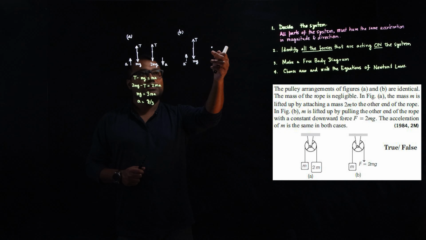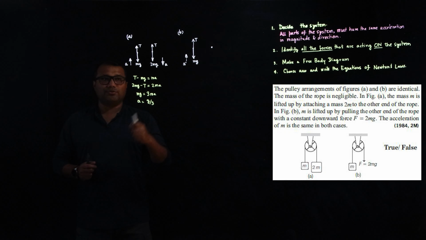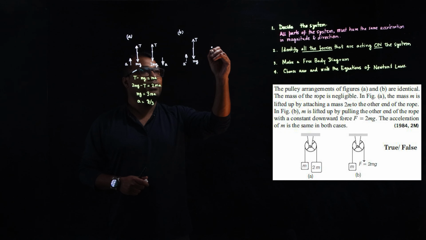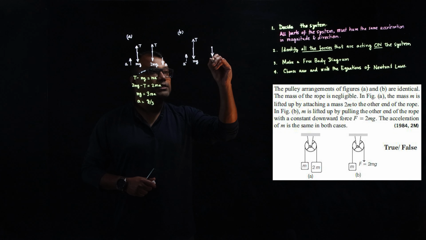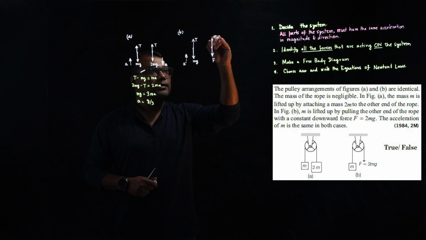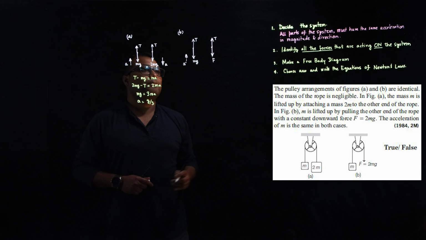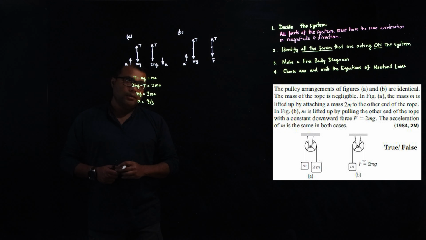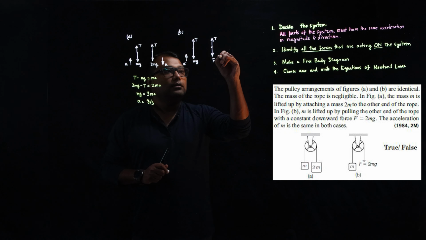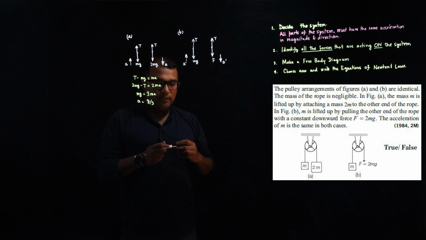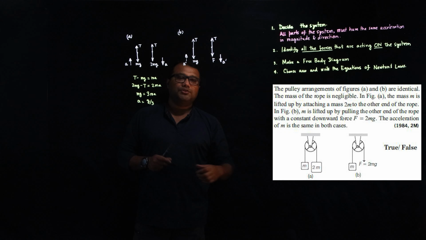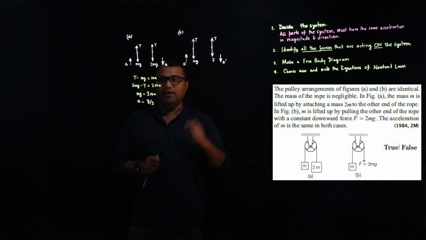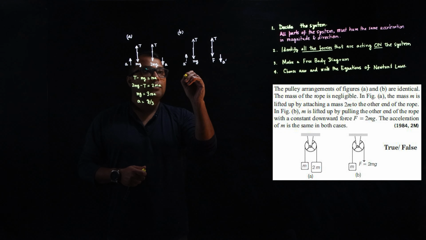There is no mass here, it's only a force that is acting, right? So that force is F, and there is a tension T. And this is accelerating, let's say, with a dash. So basically the string is moving down by a dash, there is no mass there. So here now T minus mg is equal to ma dash.